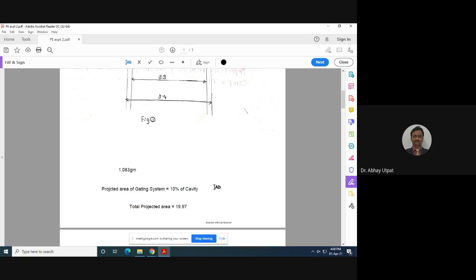In total this gets the value 19.97 centimeter square. This is about the projected area. Now 19.97 is approximately considered as 20. Everywhere we are going to make the round figure.